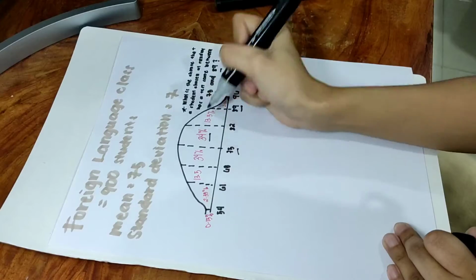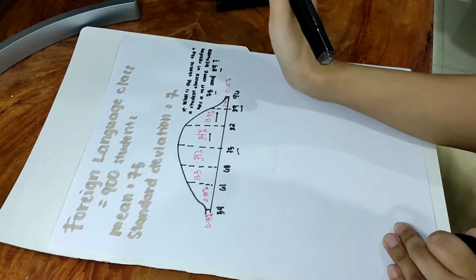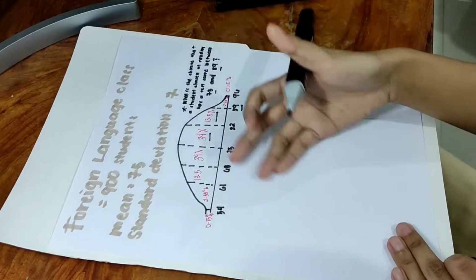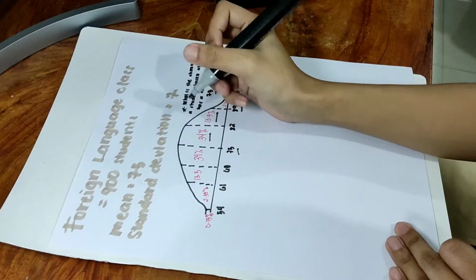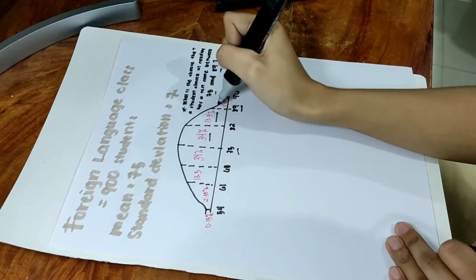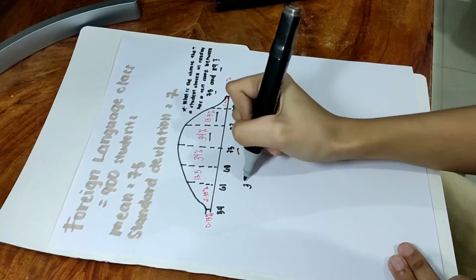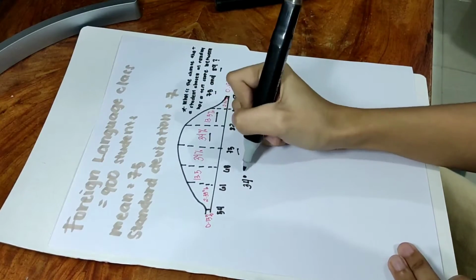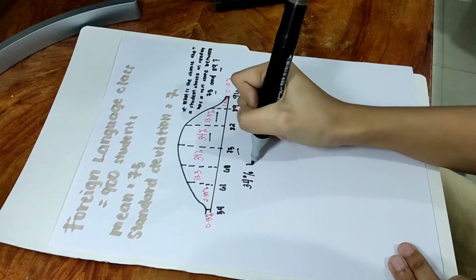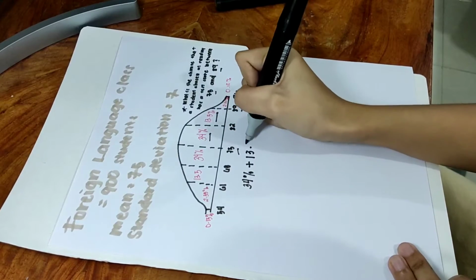So, ito yung 34 and 13.5. And same process, you'll just need to add this value sa value na nakuha nyo. So, just write it, 34% plus 13.5%.